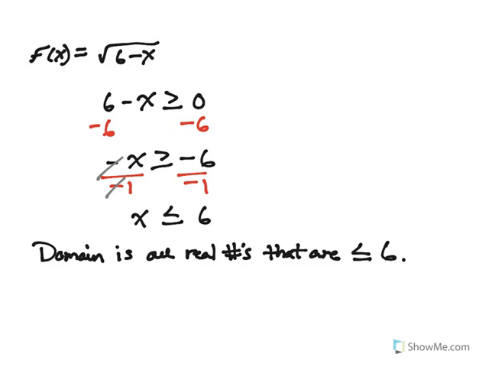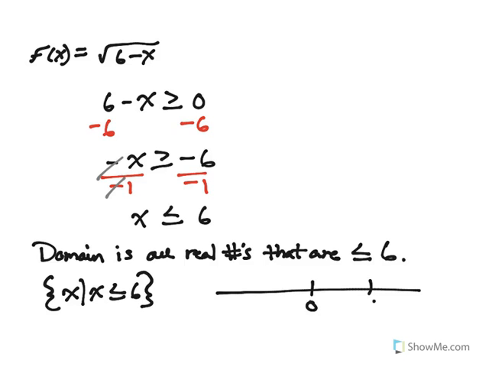You want to write that in set builder notation, and it's all values x such that x is less than and equal to 6. If you want the interval notation, again, if you graph this, put 6 on a number line, less than and equal to is a bracket facing to my left, and that would be a negative infinity. So my interval notation is clearly going to be negative infinity, comma, 6, bracket. We'll put the close parentheses around infinities.